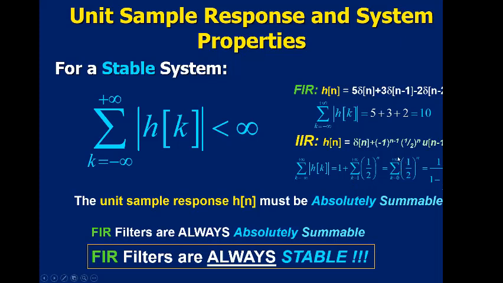So that's equivalent to the sum from k equals 0 to infinity of 1/2 to the k, which, if you remember your sequence sums, as long as this value is less than 1, is 1 over 1 minus that value, which in this case gives me 2, which is a finite number. And so even though we saw this unit sample sequence bouncing back and forth, it was converging towards 0, and it does have a finite absolute sum, and so that's actually a stable system.